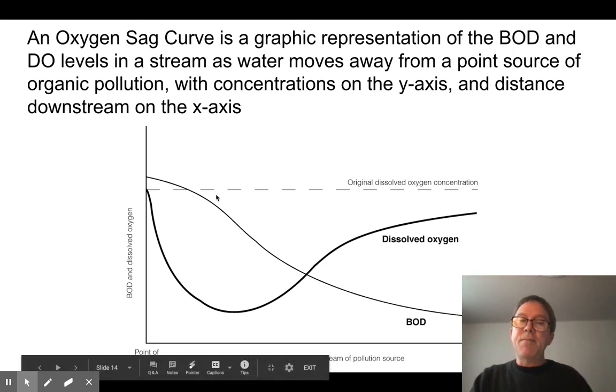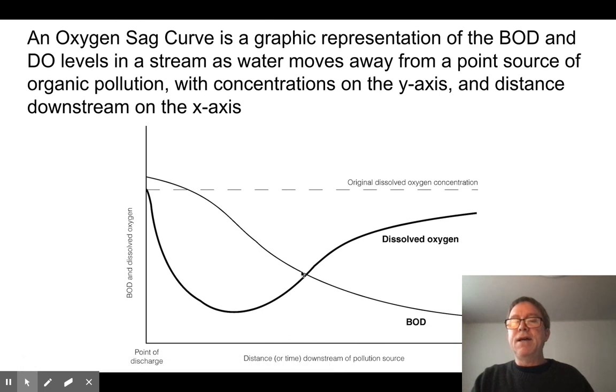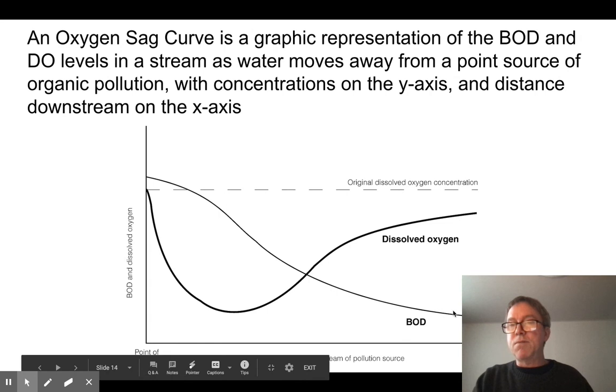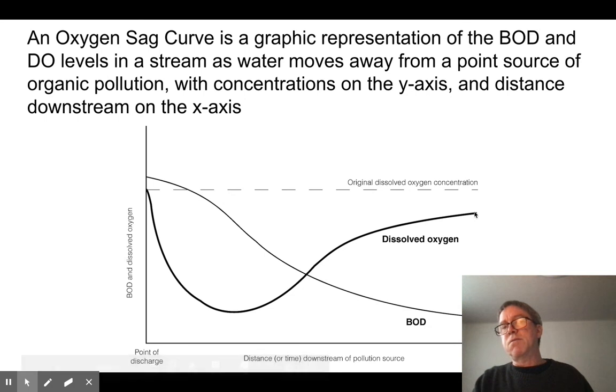But as that happens, these aerobic bacteria, their populations are going to go down because they're basically suffocating themselves by over respiring. Okay, and as that happens, then the oxygen can come back up, and then these organisms, as we get farther and farther from the point source, continue to drop down to become more dilute, and as they become more dilute, the dissolved oxygen comes back up.